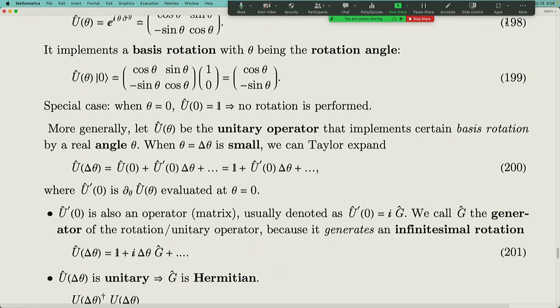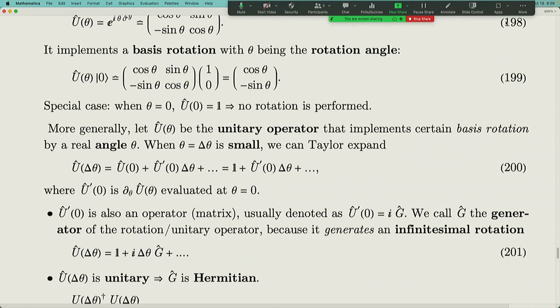That's the idea. So if U theta is a unitary operator that implements a certain basis rotation by a real angle theta, and if theta is small, we can basically try to extract the Hermitian generator by this small theta expansion. So this U theta looks like the matrix above.